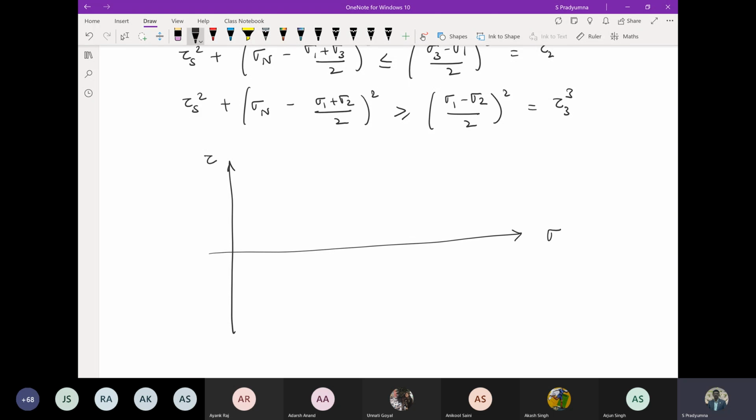This is the sigma axis, this is the tau axis. I just point out sigma 1, sigma 2 and sigma 3. Just I'm drawing a rough circle on this.